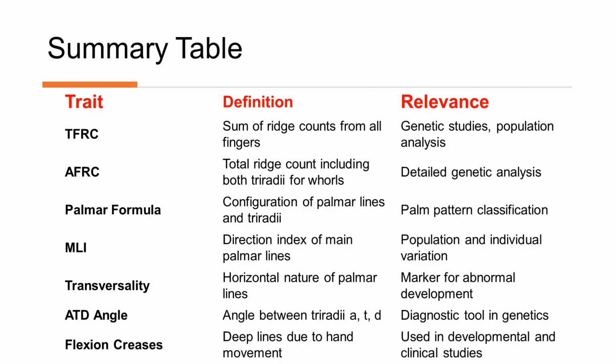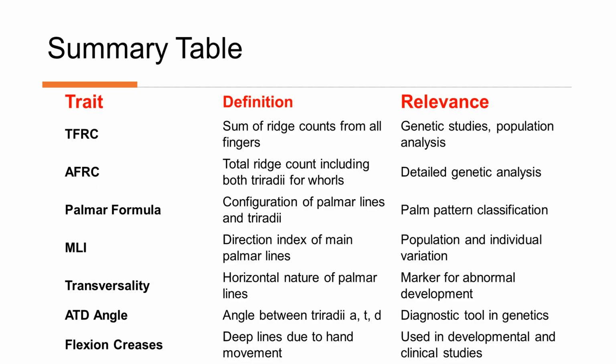Transversality: horizontal nature of palmar lines; marker for abnormal development. ATD: angle between triradii A, T, D; diagnostic tool in genetics. Flexion creases: deep lines due to hand movement; used in developmental and clinical studies.